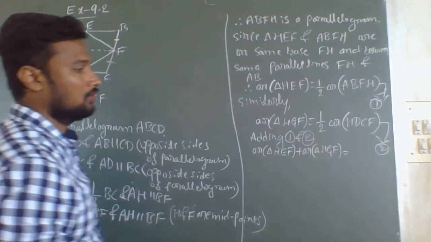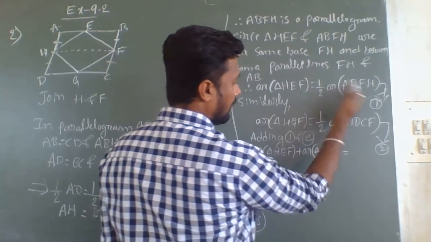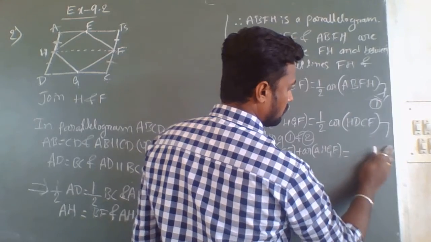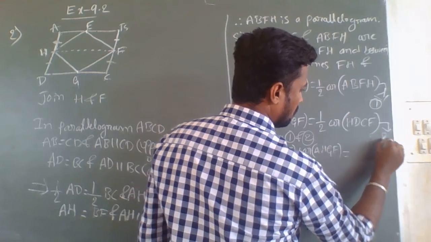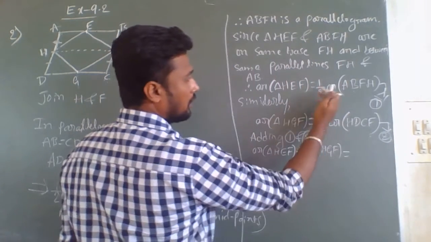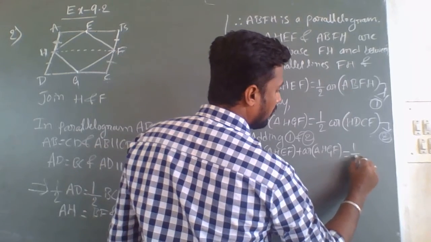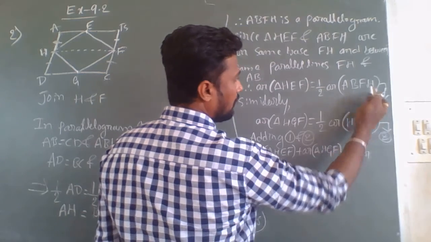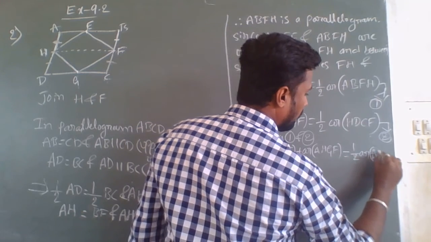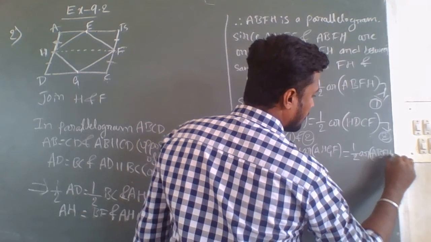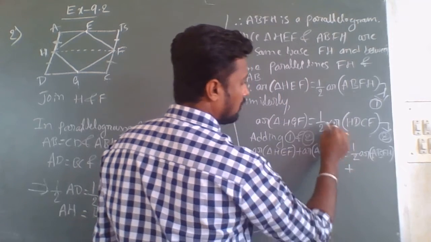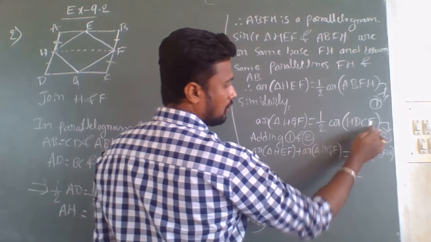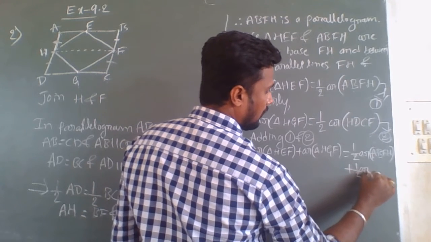Now we will add the right hand part: 1 by 2 area of ABFH plus 1 by 2, from the second equation, area of HDCF.